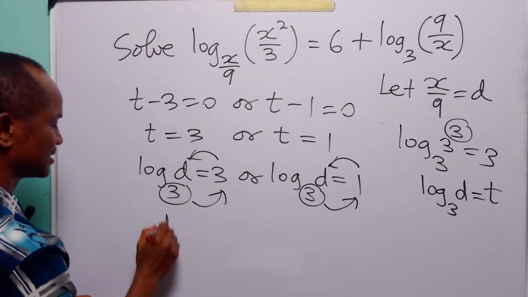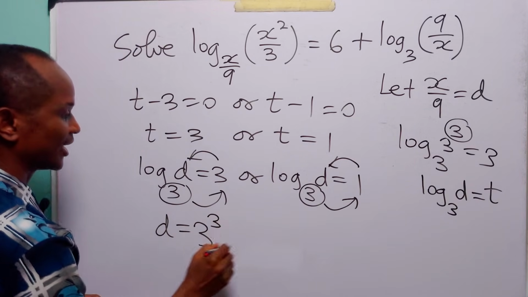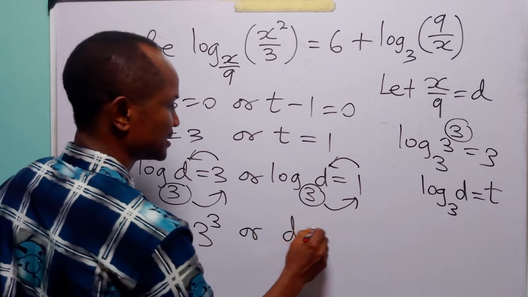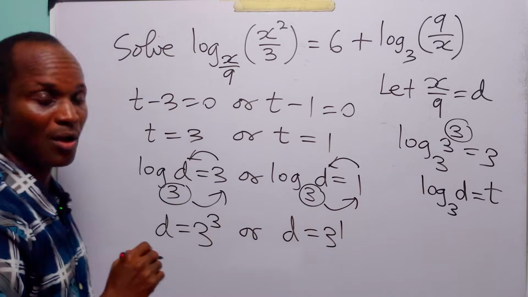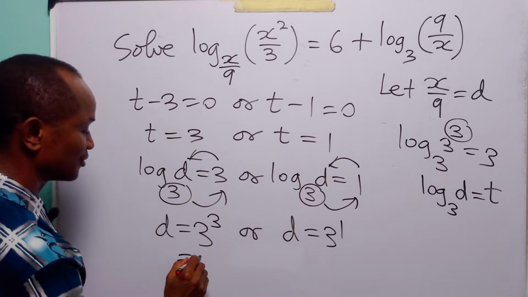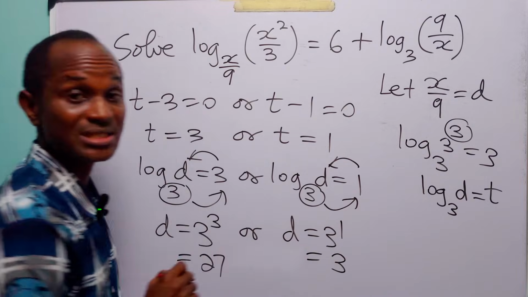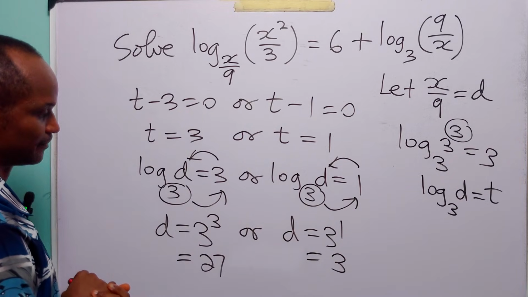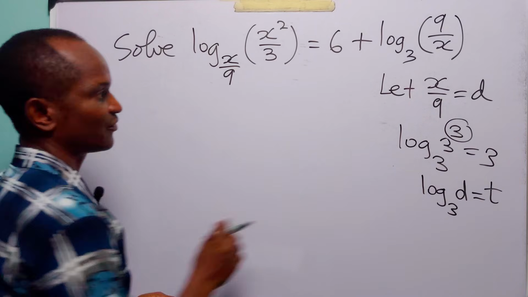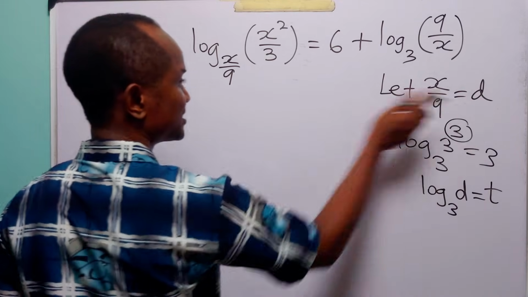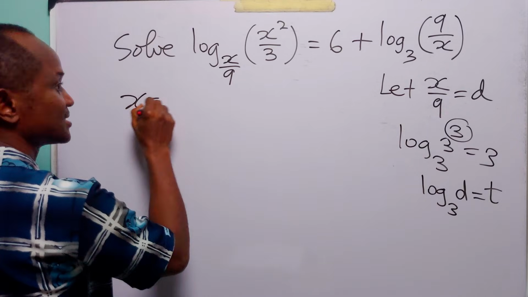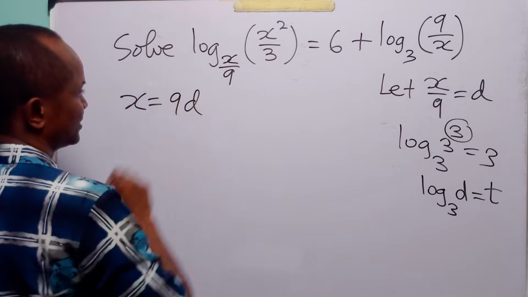So we have that d is equal to 3 cubed, or d is equal to 3 to the power 1. 3 cubed is 27, and 3 to the power 1, of course, is equal to 3. And finally, to find the value of x, from this equation, we have that x is equal to 9d.